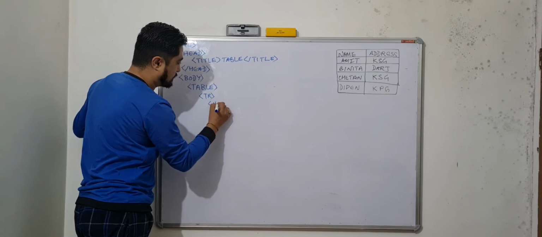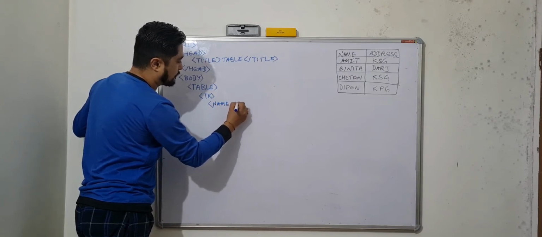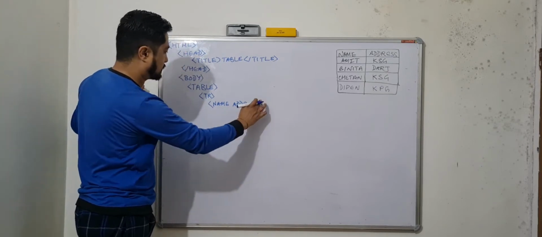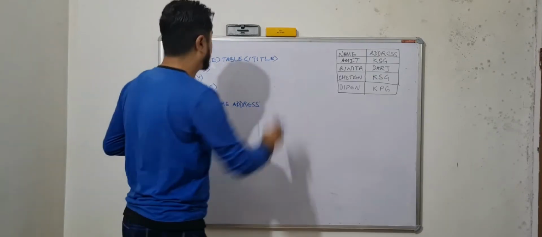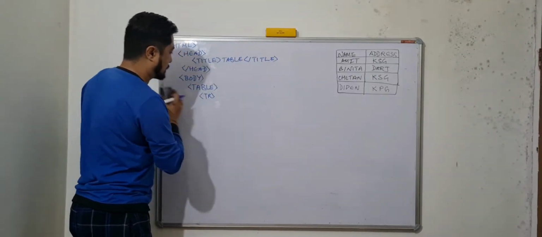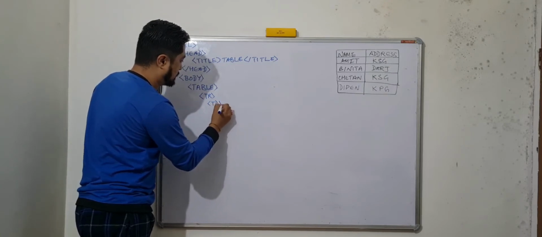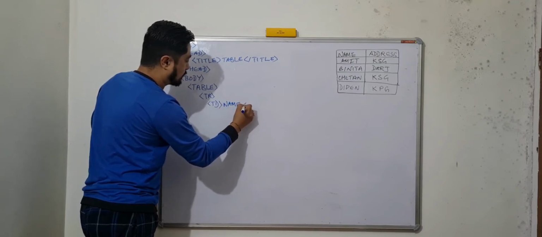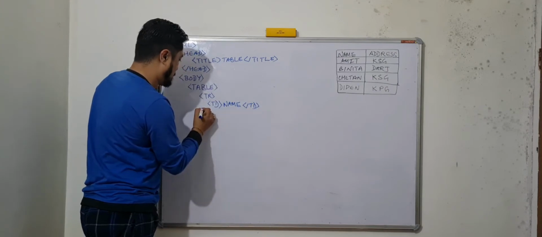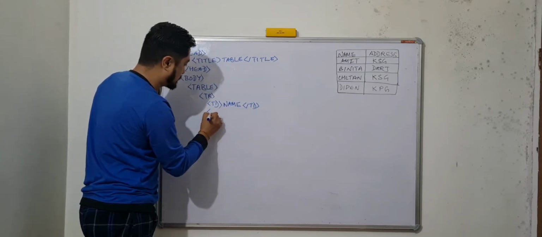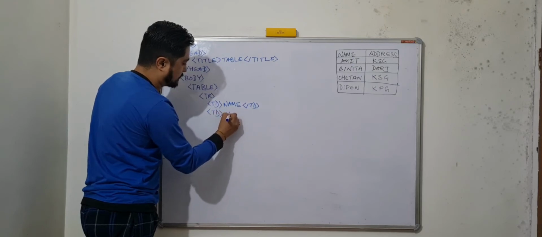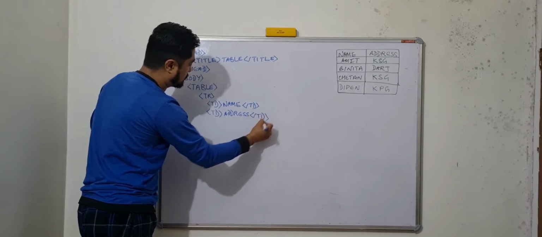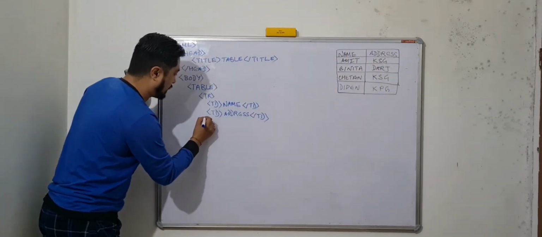Just write td, and inside this write name, and close the table definition td. Next is address, close td.